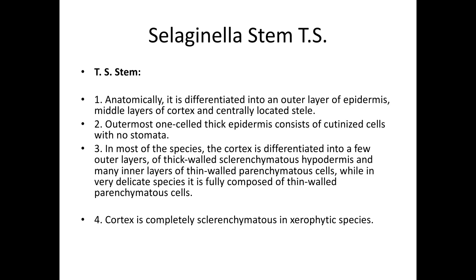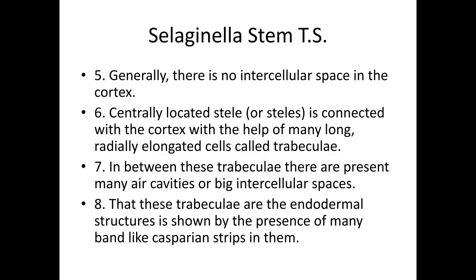In most species, the cortex is differentiated into a few outer layers of thick-walled sclerenchymatous hypodermis and many inner layers of thin-walled parenchymatous cells, while in very delicate species it is fully composed of thin-walled parenchymatous cells. Cortex is completely sclerenchymatous in xerophytic species.